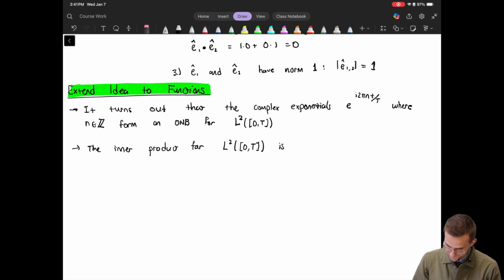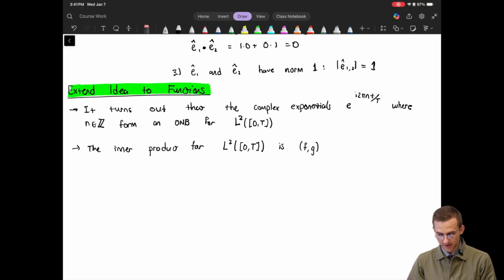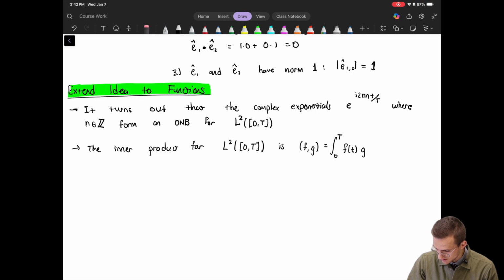It is written as f comma g. That's the way you would write a general inner product. And it is equal to the integral from 0 to T of f of t times g of t complex conjugate. Okay, so we're still working in the world of complex valued functions.